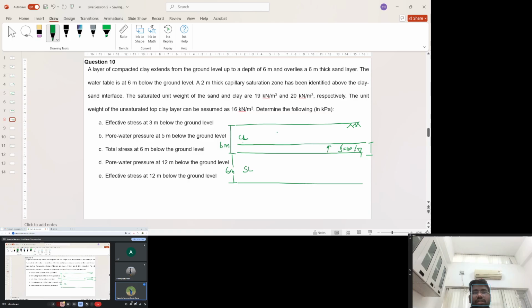The characteristics of the soil: here it is 16 kilonewton per meter cube, this is 20 kilonewton per meter cube, and this is 19 kilonewton per meter cube.